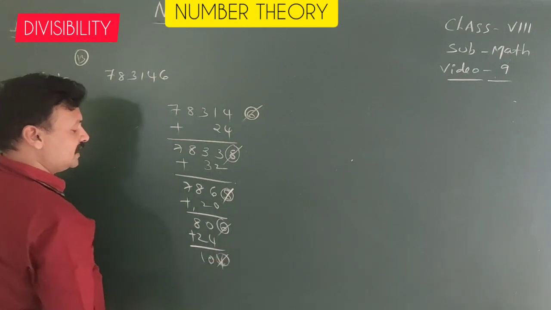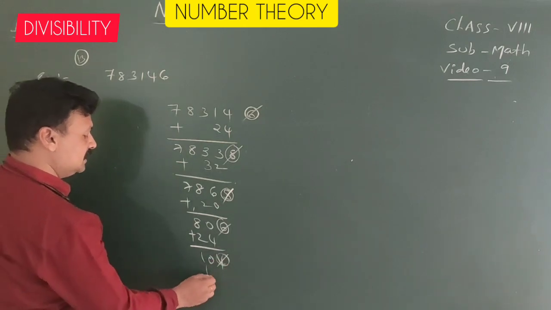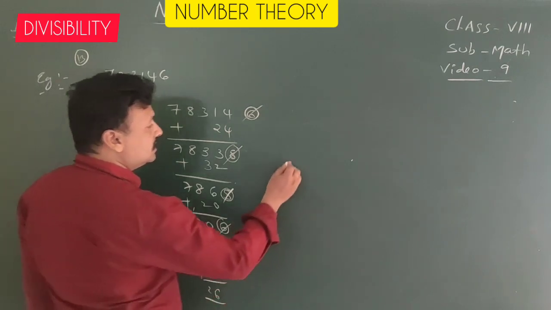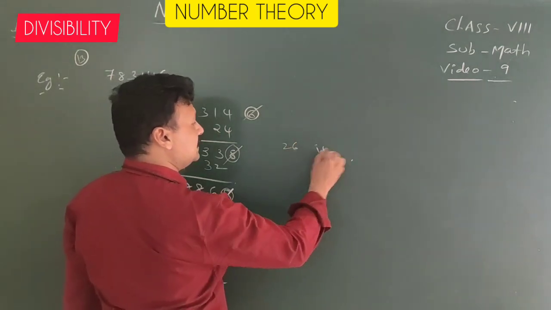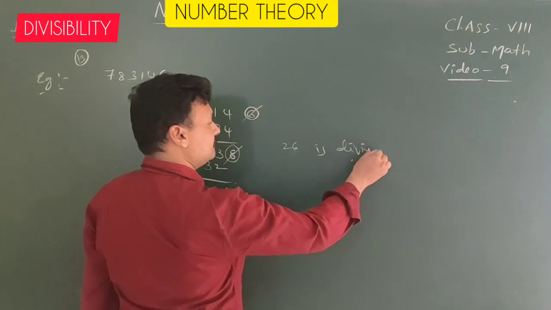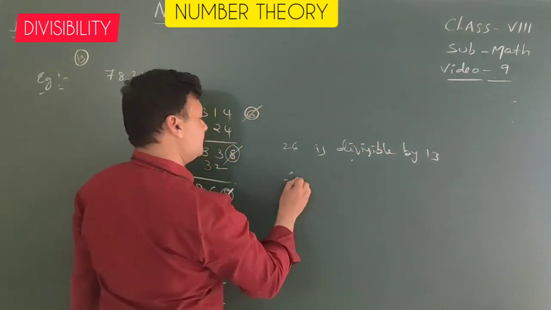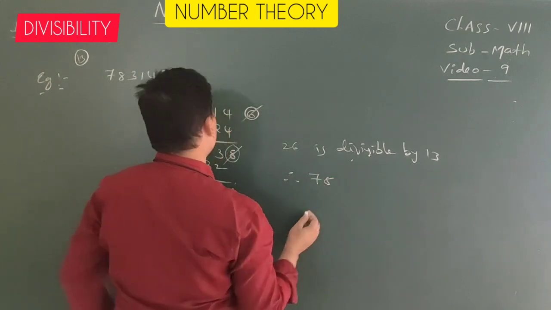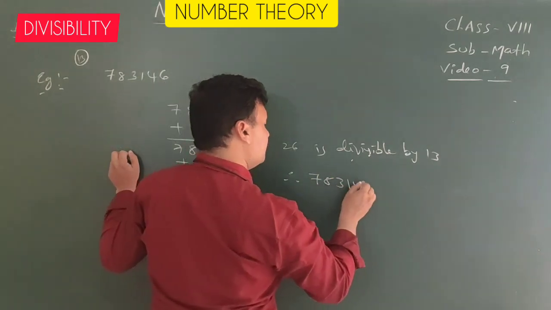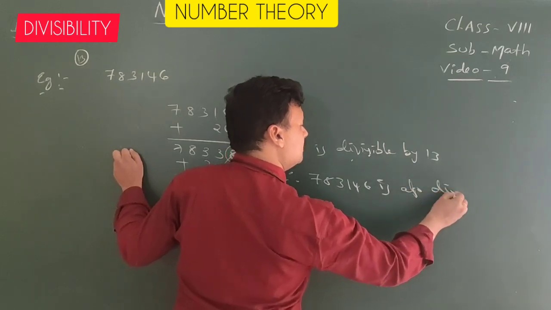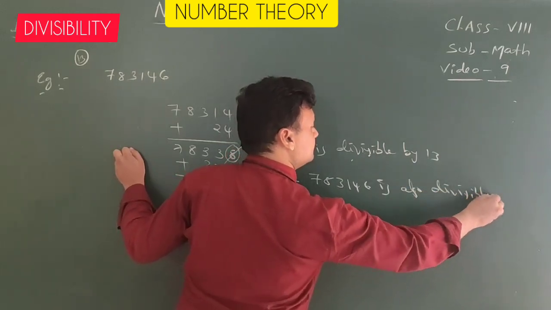Otherwise, again 4 times 4 is 16. If you add 10 plus 16, 26 will be. So 26 is divisible by 13. Therefore, 783146 is also divisible by 13.